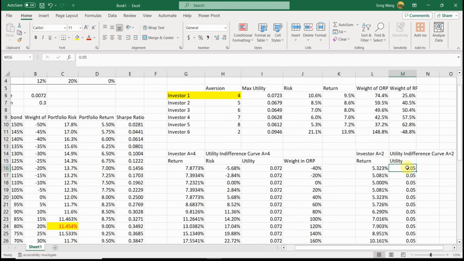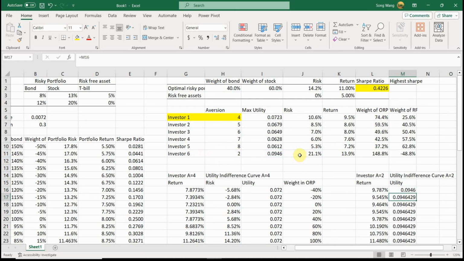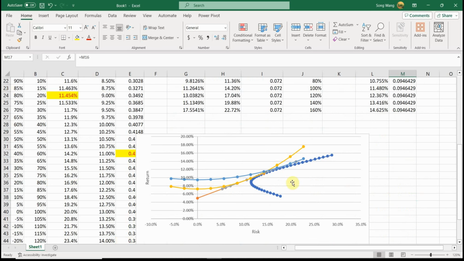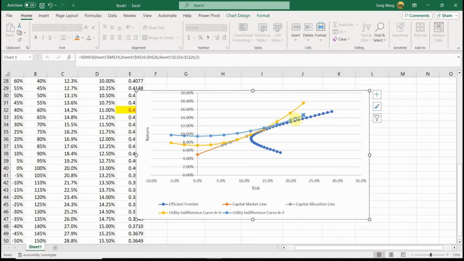So I can just borrow the maximized utility for this individual. Okay, it's right here. That's 0.0946 for the individual with aversion equals to 2. You see A equals to 2 right here. That's investor 6. Then you will see that for this individual with aversion equals to 2, it cuts the capital allocation line right at this dot.